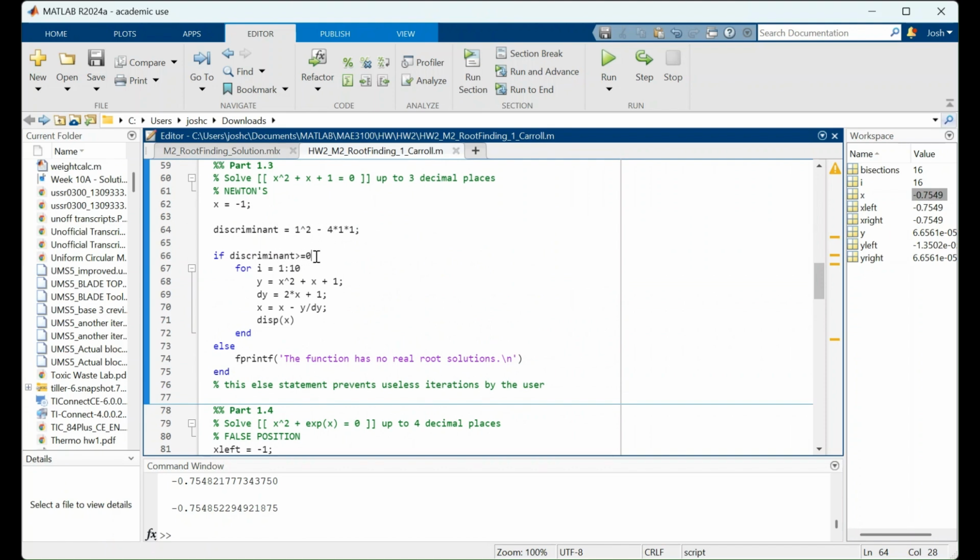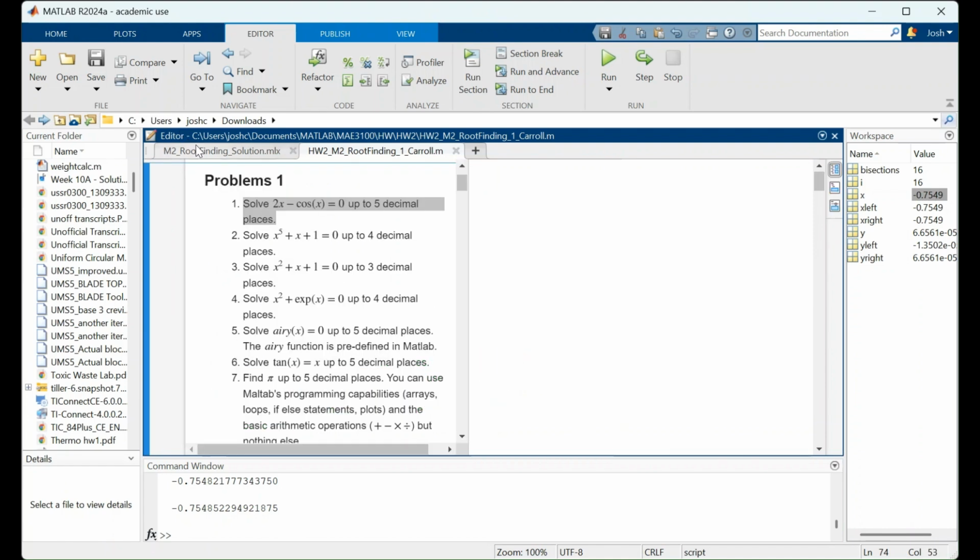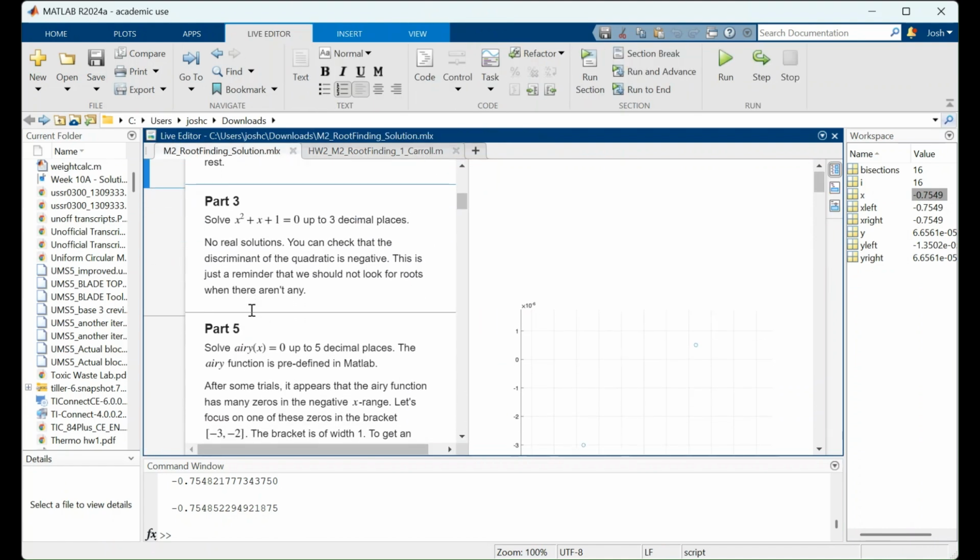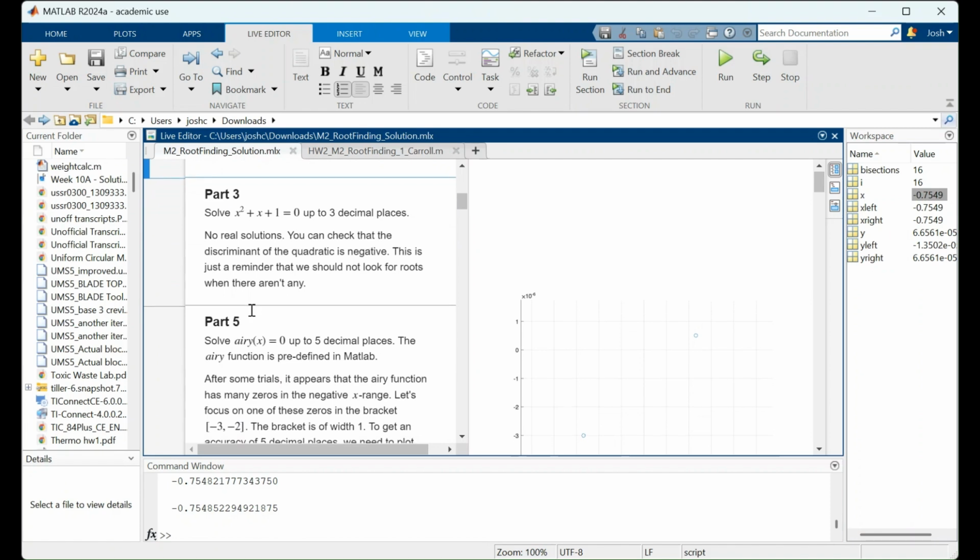And if your discriminant's greater than or equal to 0, I have it so that the code runs, you do your Newton's method, you converge to your value. However, if it's less than 0, which is what this else statement does, you have printf: the function has no real root solutions, which you could definitely solve for an imaginary solution.